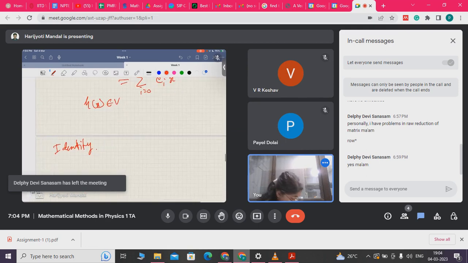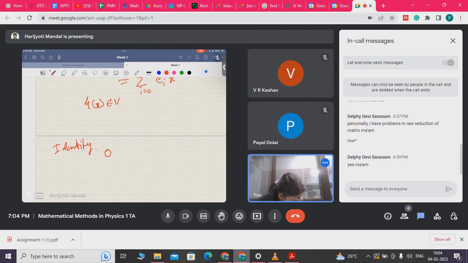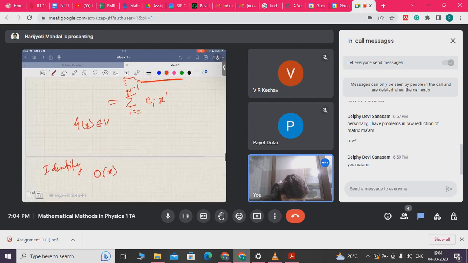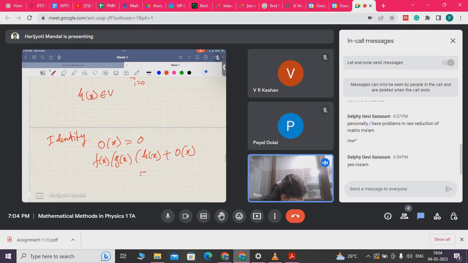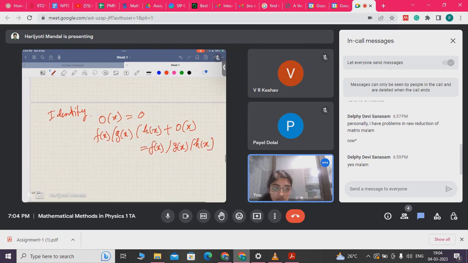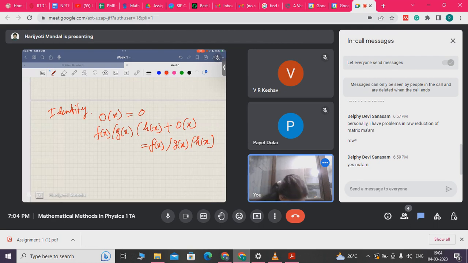Then identity. Any polynomial added with 0 of x gives back f(x), g(x) or h(x).